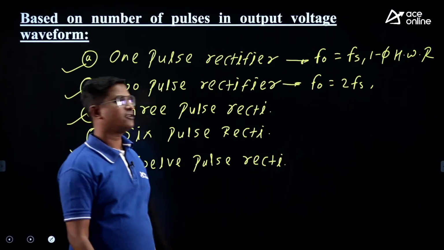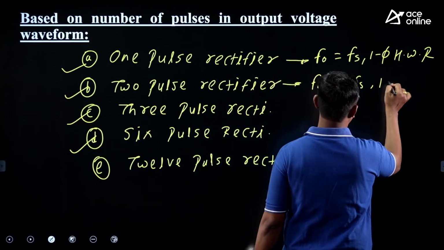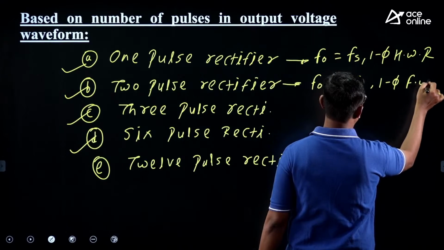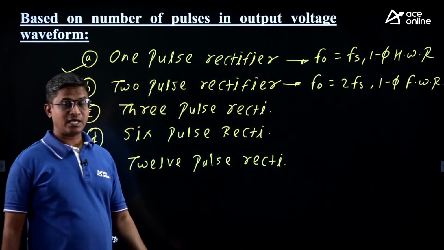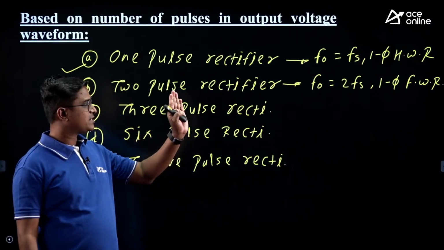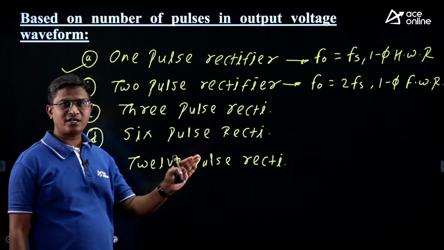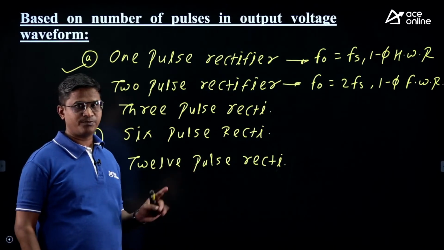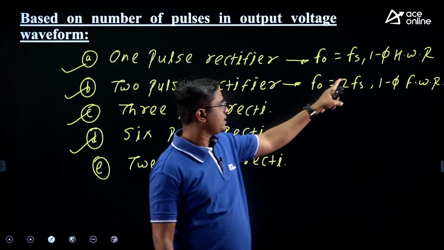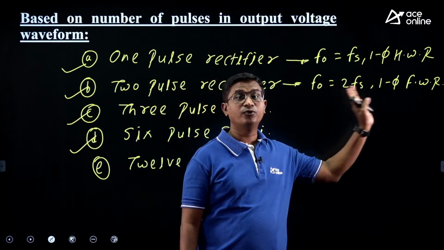Single phase full wave rectifiers. They may ask the question: in single phase half wave and single phase full wave rectifier, what is the relation between F0 and Fs? So be careful. F0 is Fs in half wave, F0 is 2 Fs in full wave.